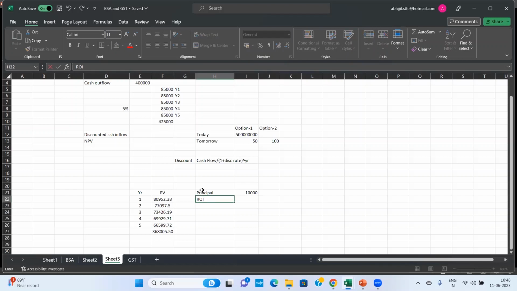ROI is 5%, so I'll write rather 0.05. And my tenor is 5 years. Right. So what is my amount?